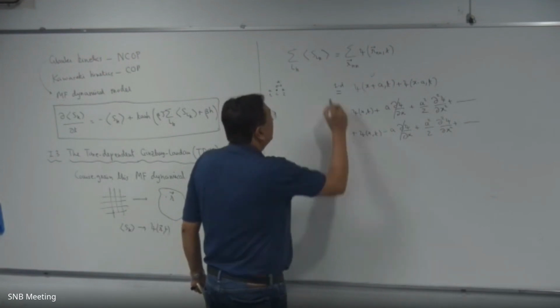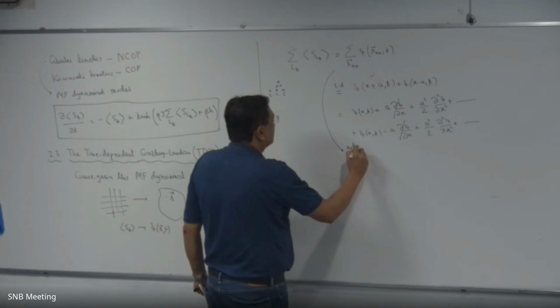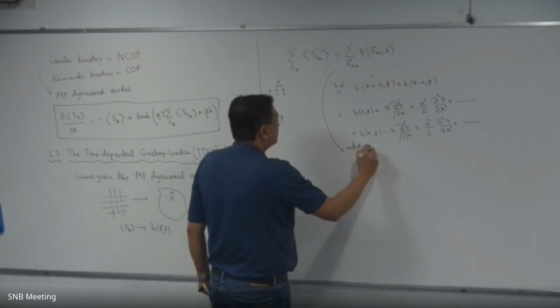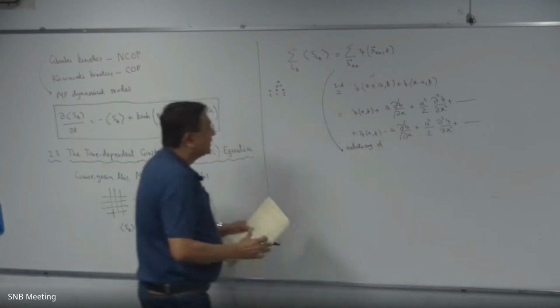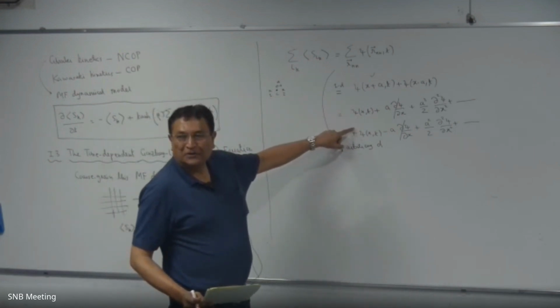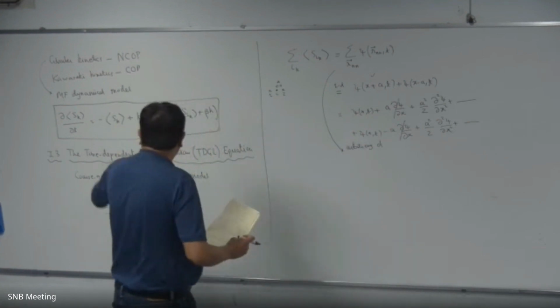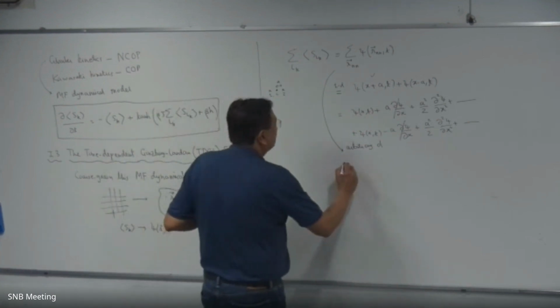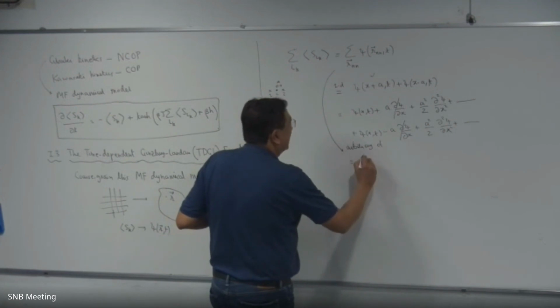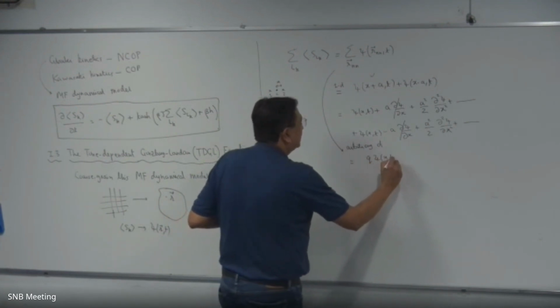How about arbitrary dimension? Let me write down the result. Can somebody tell me what the result is going to be? You're going to have 2 for each dimension. So for d dimensions, you will have 2d, which is q, the number of nearest neighbors. So this is equal to, for arbitrary dimensions, q psi at the central point.